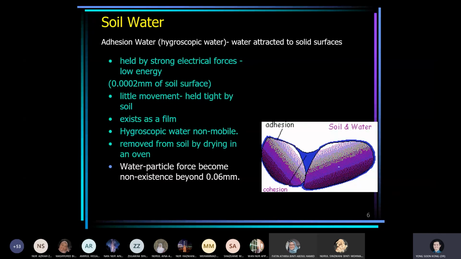Now we still haven't come to the chapter where we learn the chemical structure of soil. But mind you, the surface of the soil particle is not spherical, as you can see from the diagram.